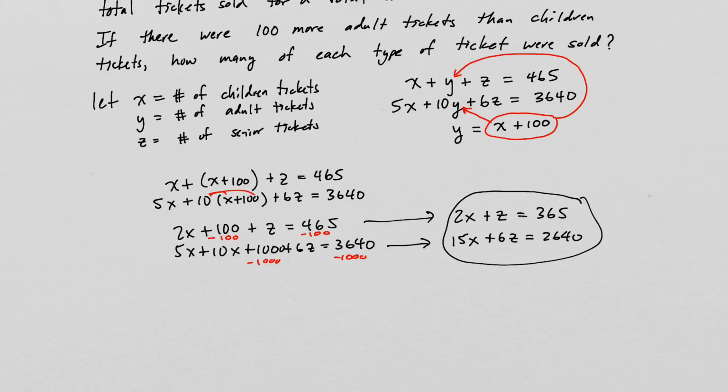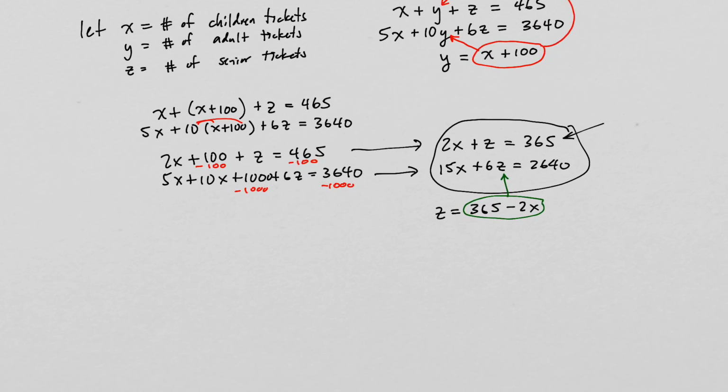And to do this, you can use substitution or elimination. I'm going to go ahead and use substitution. I can take that first equation and solve for z by simply subtracting 2x from both sides. And then I can take the expression 365 minus 2x and substitute it in for z.